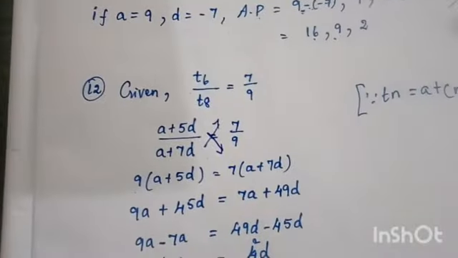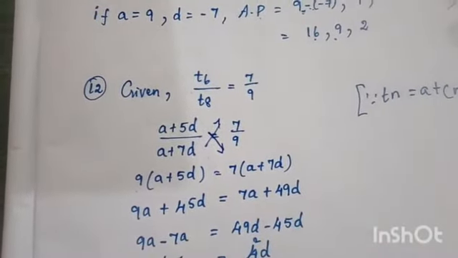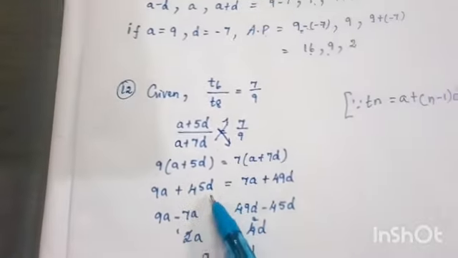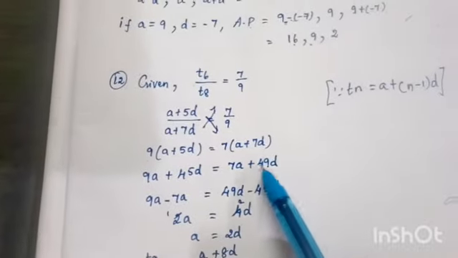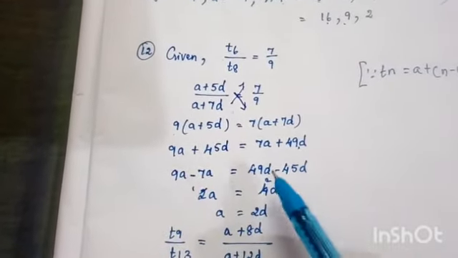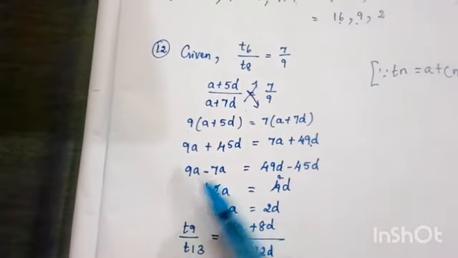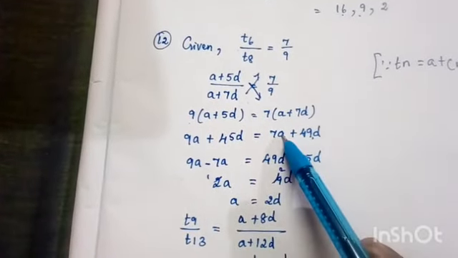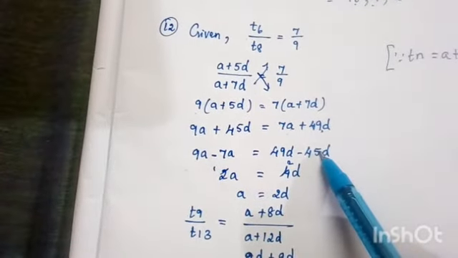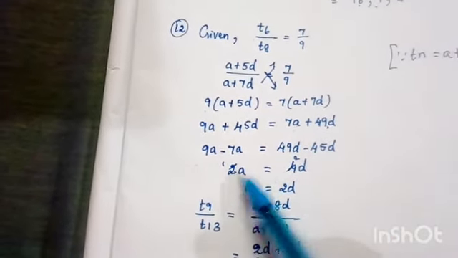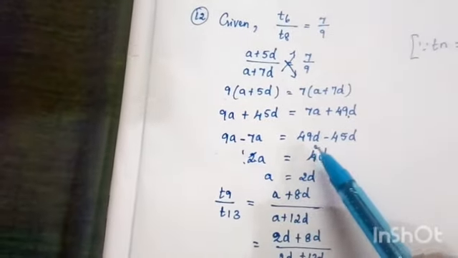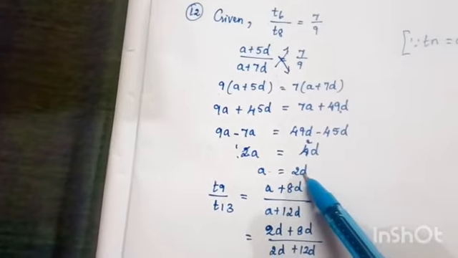So 9 into a plus 5d equal to 7 into a plus 7d. So 9a plus 45d equal to 7a plus 49d, since 7 sevens are 49. Arrange the a variable on one side and the d variable on the other side. So 9a, the 7a moves to the left hand side, so minus 7a. 45d moves to the right hand side, minus. So it is 2a, and the simplified value is 4d. So a equal to 2d.